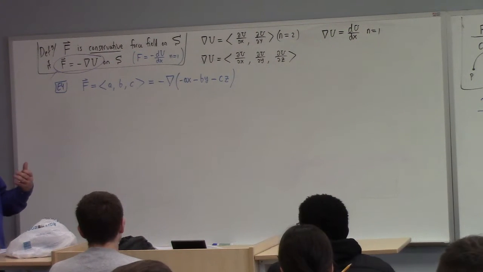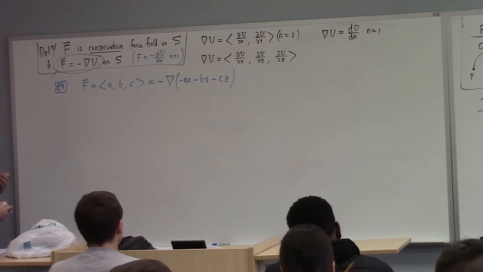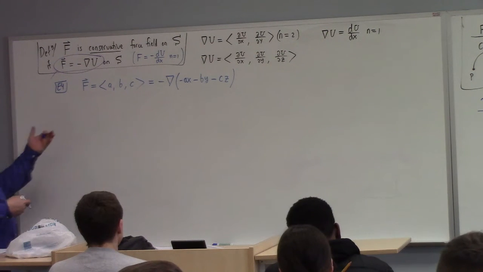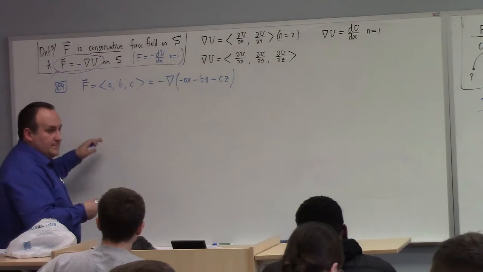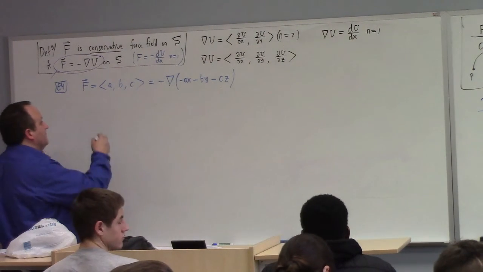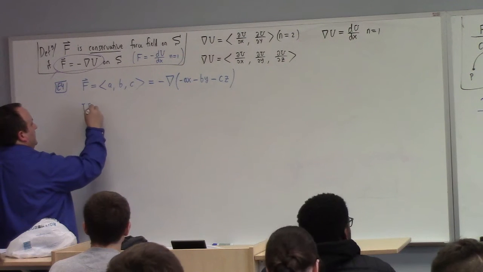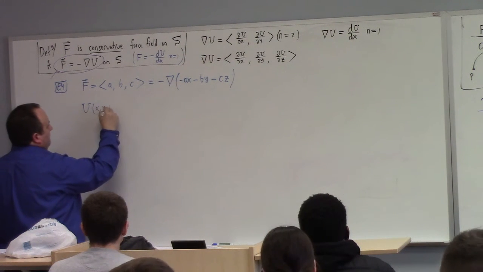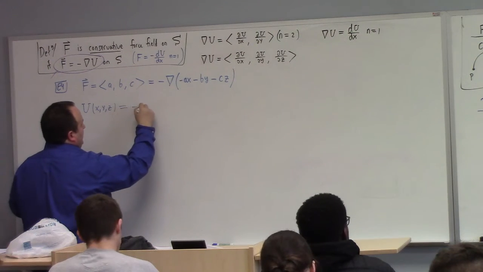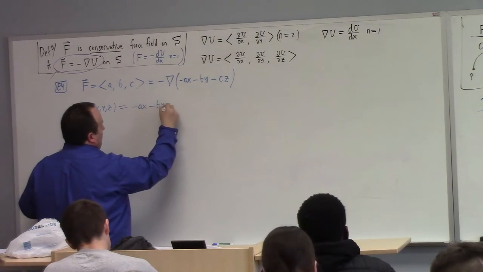So the proof is in the pudding, so to speak. I don't know if we say that anymore. Nobody eats pudding. If you took the gradient of that, though, you should see that you get minus ABC, right? Do both negative signs belong inside and outside? Yes, they do. So U of XYZ is equal to minus AX minus BY minus CZ.